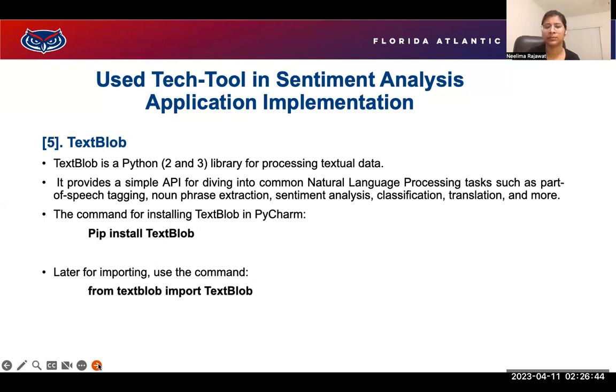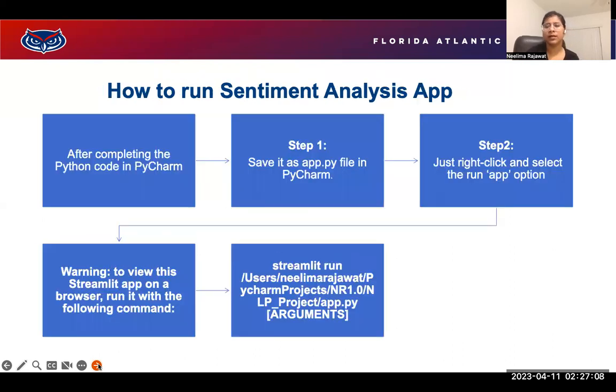Many more tasks can be done using this TextBlob library. For installing TextBlob in PyCharm, I have used pip from the terminal, pip install textblob, and after that, for importing in my code, I used from textblob import TextBlob.